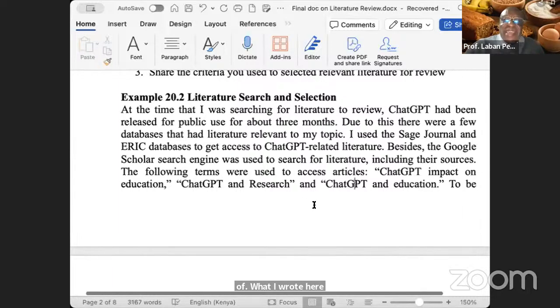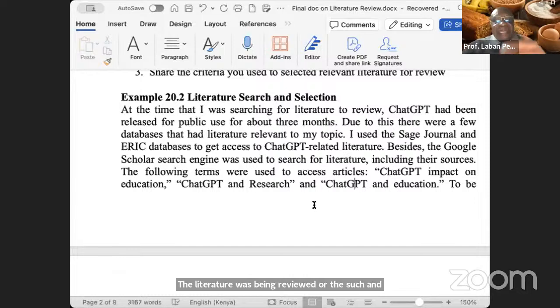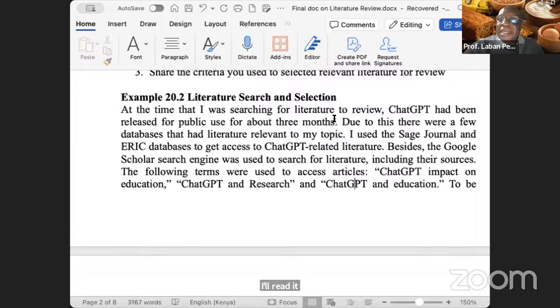And where I say I, this is a book, you are not going to say I. At the time that the literature was being reviewed, so you don't use I, but let it stand there. Just read it as it is. Who is courageous? I'll read it. Okay. Who is this? That is Lydia Winder. Yeah, Winder, please take it up from there.